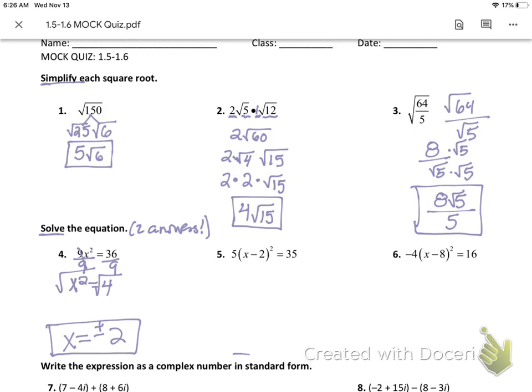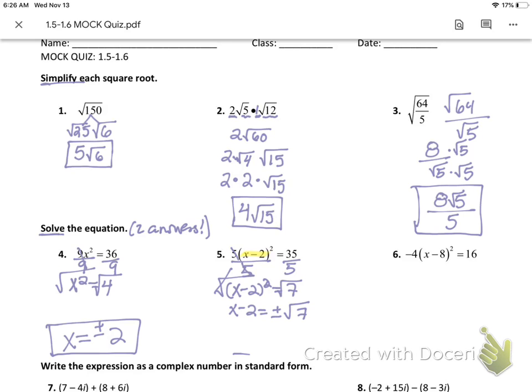Look at the next one. The thing being squared is x minus 2, right? So I need to get that alone. Divide by 5. (x minus 2) squared equals 7. Now get rid of the square by taking the square root of both sides. x minus 2 equals, I can't do the square root of 7, but it's still always plus or minus whenever you take the square root.